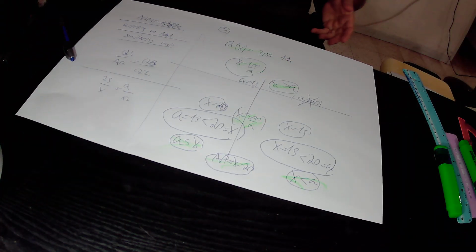So we have two solutions that are possible for A. A could be equal to either 15 or 20.